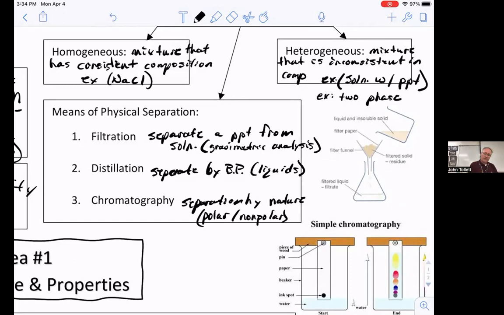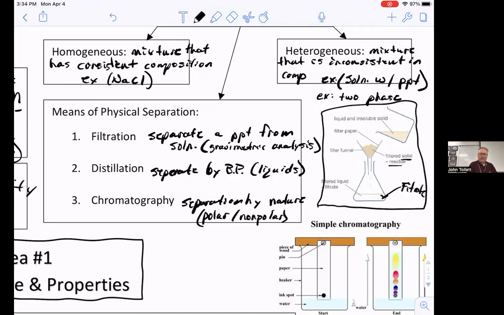Over here is your separation by gravimetric analysis. You've got a filter and a funnel, and you pour it through, and the solid shows up in the top. And down here would be your filtrate at the bottom. The chromatography is over here on the right.